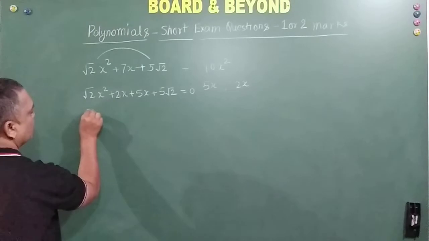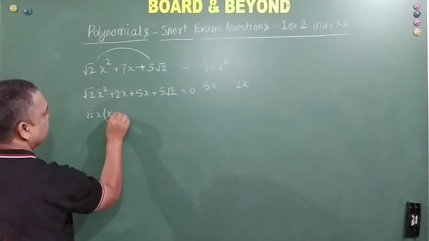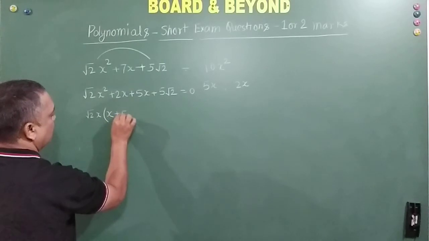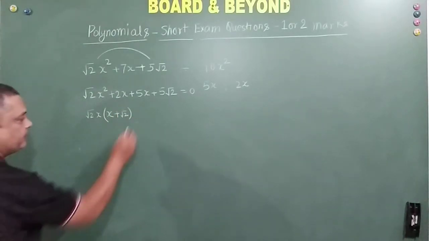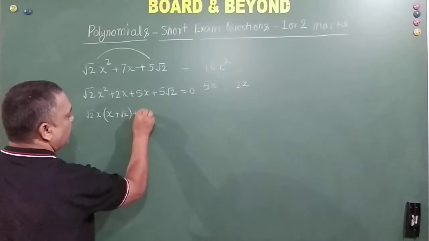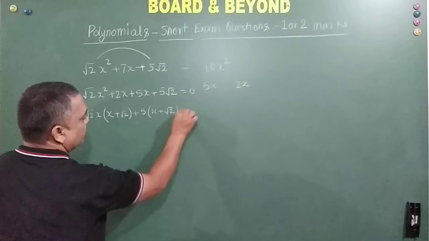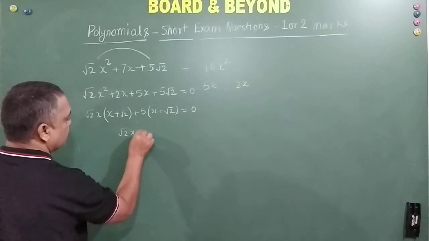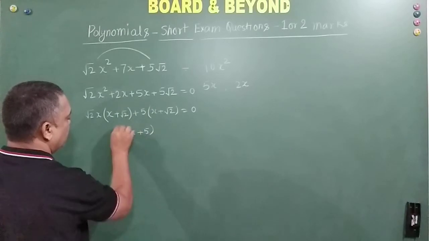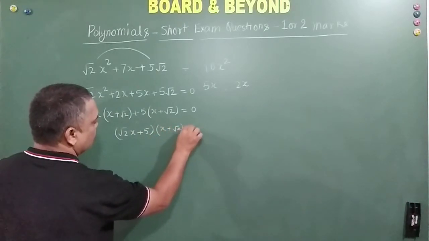Now if I take root 2x common here, this leaves me with x plus root 2. Are you all with me on this? So this is x plus root 2, which is equal to 0. So the two factors are root 2x plus 5 and x plus root 2, equal to 0.